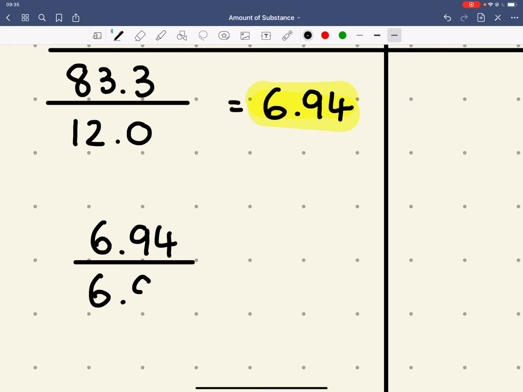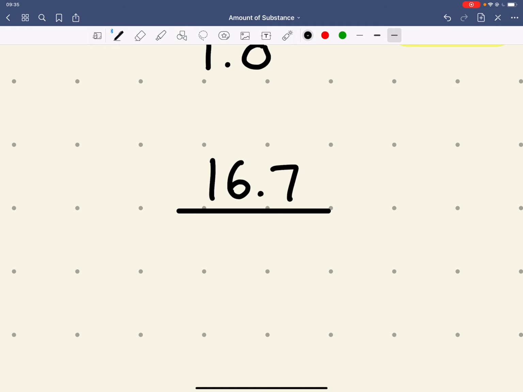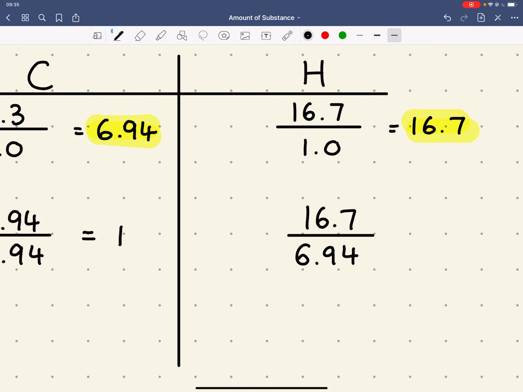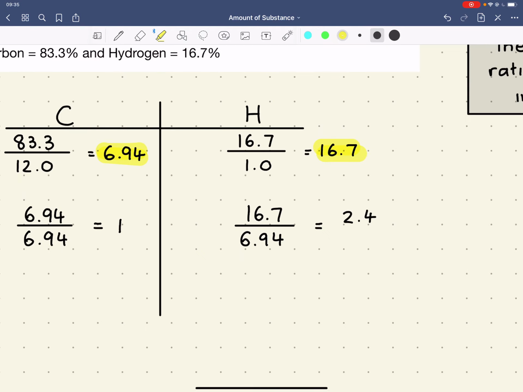That's always going to give you one of these as an answer of 1. And this is 16.7 divided by 6.94. Now, in some instances, this will give you a nice whole number, and you get a whole number ratio at this stage. But in this instance, we get an answer of 2.4. So we don't get a whole number ratio.